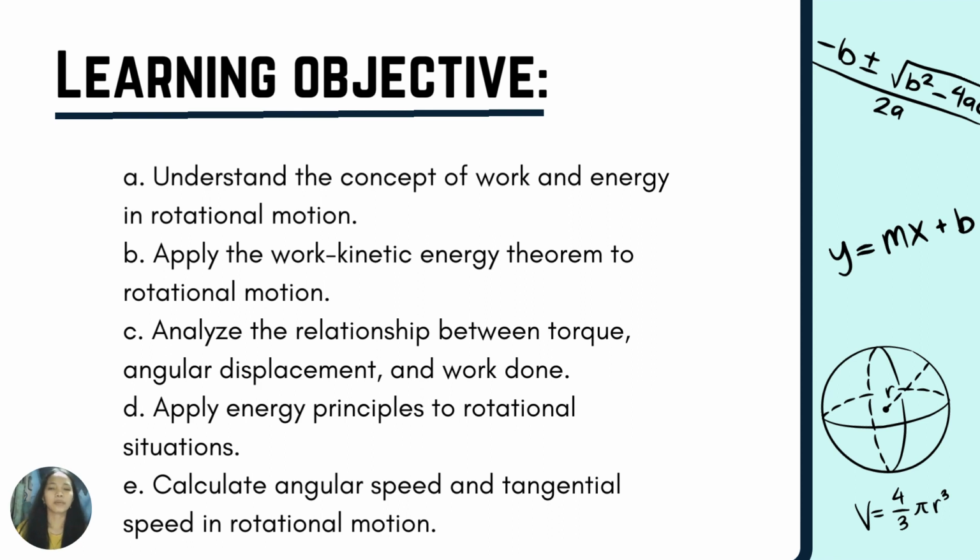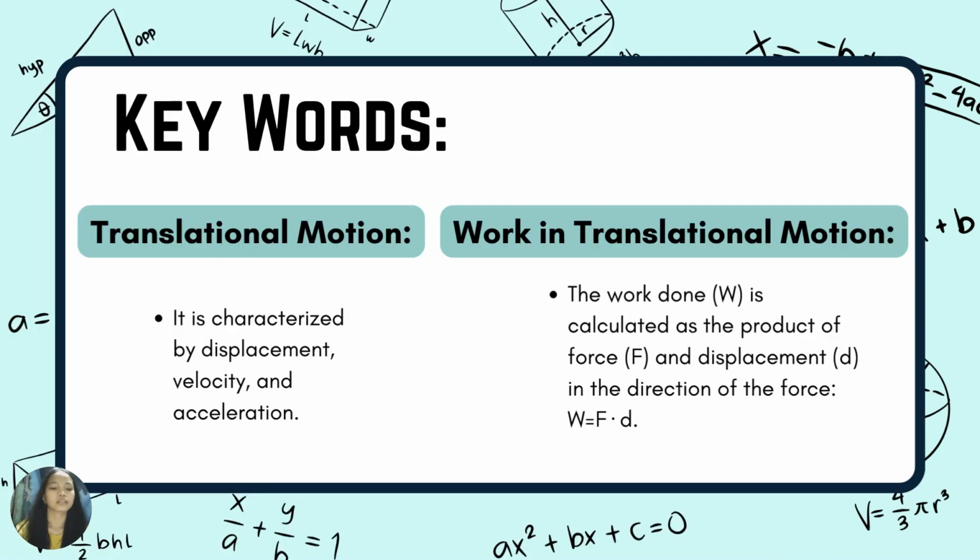So let's have a short recap of the keywords. Translational motion involves the movement of an object from one point to another in a straight line. It is characterized by displacement, velocity, and acceleration. Next is work in translational motion.